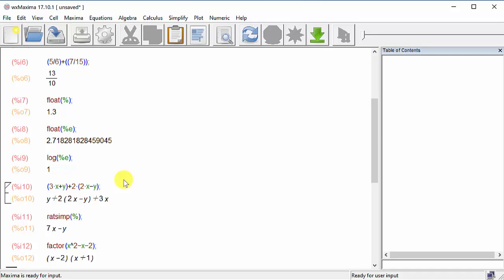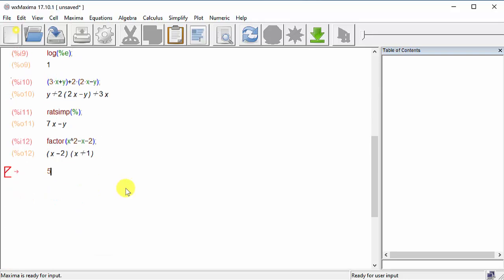What if we wanted to add 5 divided by x squared minus 1, close parenthesis, plus x minus 2 over x squared plus 2x minus 3?